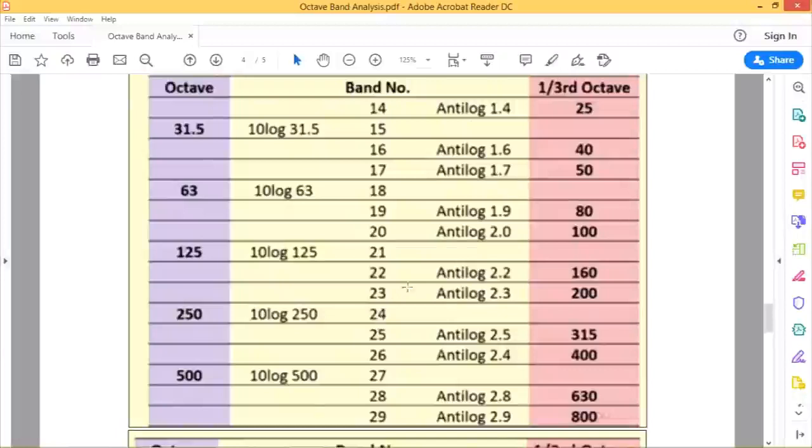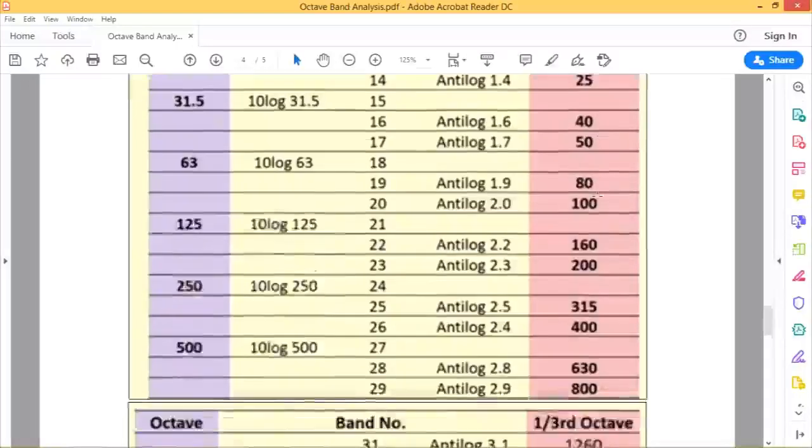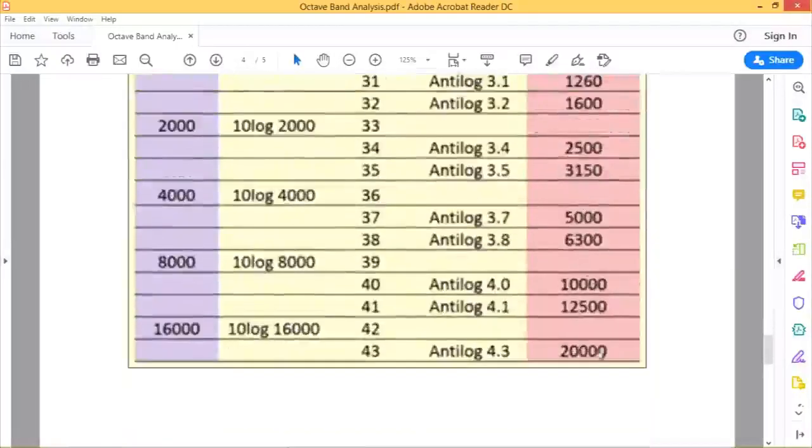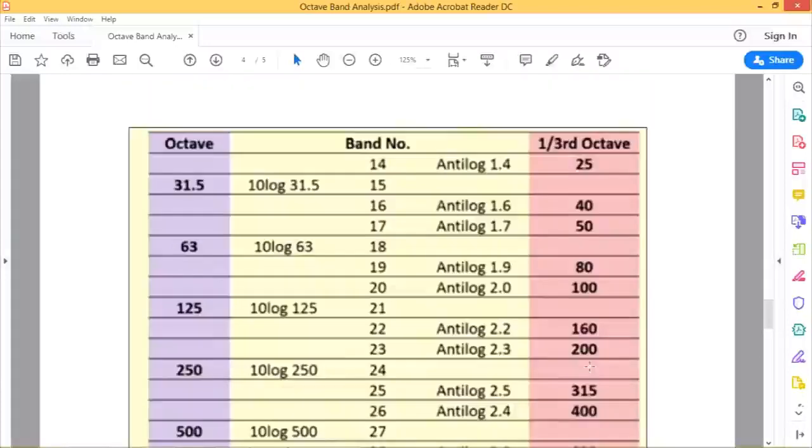From 25, it goes up to 20,000. So if a noise is generated and you are analyzing it in the range of 20 Hz to 20,000 Hz more accurately, then you require more standard frequencies. That's why the 1/3 octave band has been generated using the 1/1 octave band.